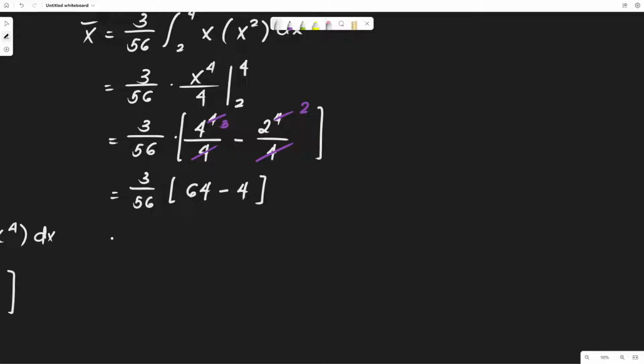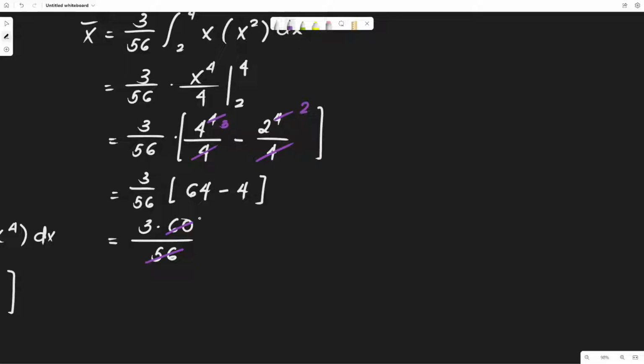So that is 3 times 60 over 56. This is 30 divided by 2, this is 28. So 15 over 14.